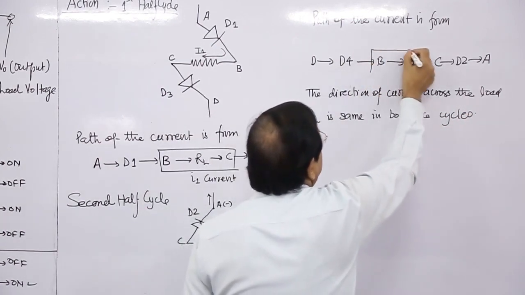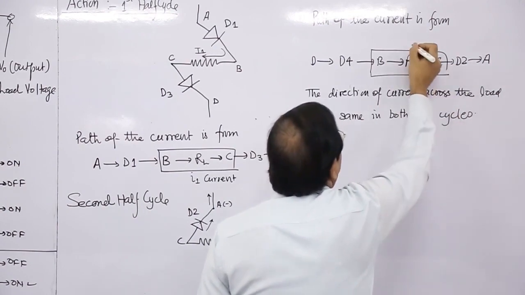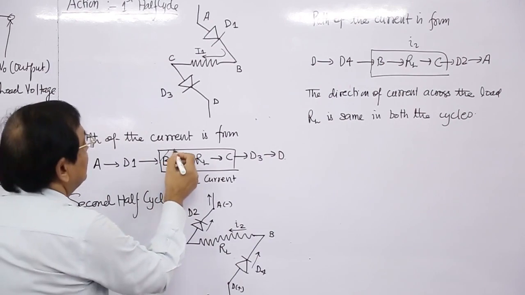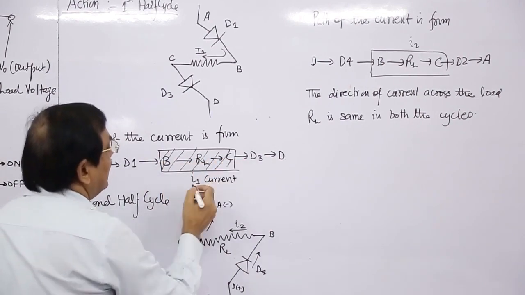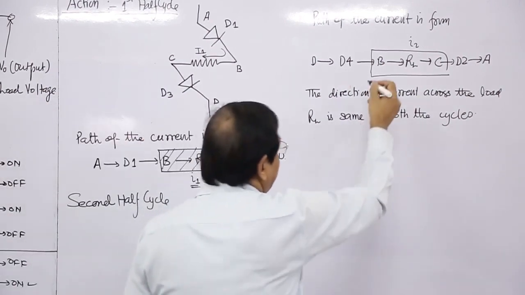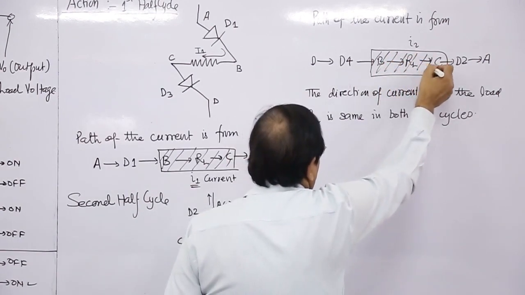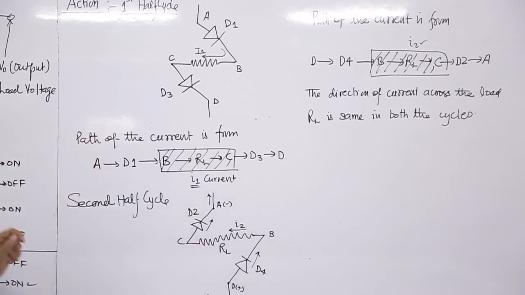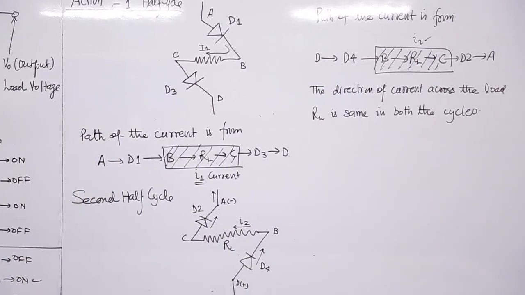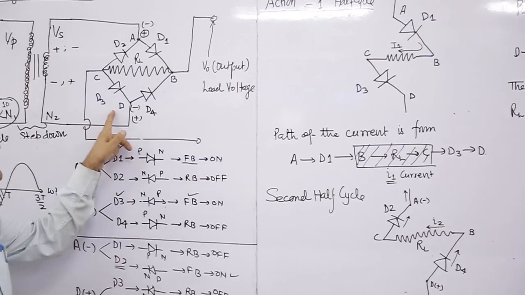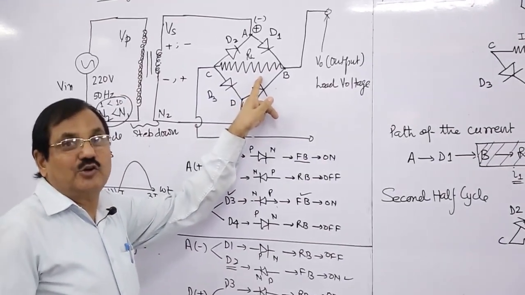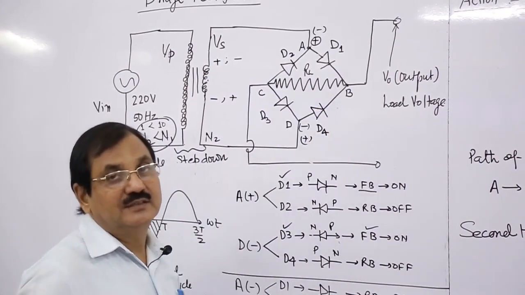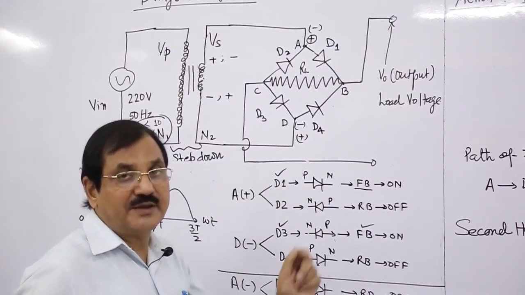In this case, you see, it is B to C with current I1, and here it is B to C with current I2. So the important point is, irrespective of the cycles, the direction of current across the load will be the same. The direction of the current in the load is the same.